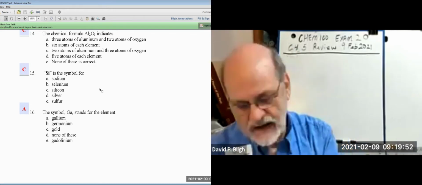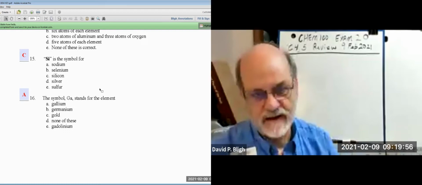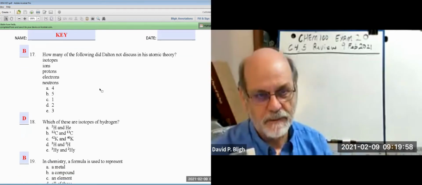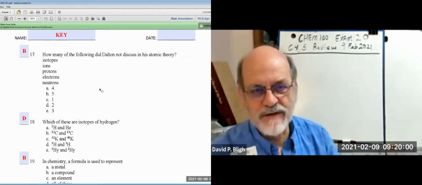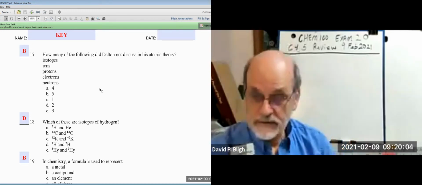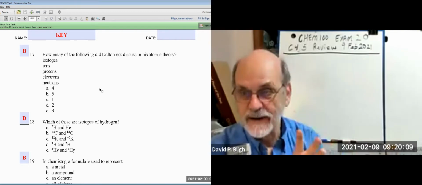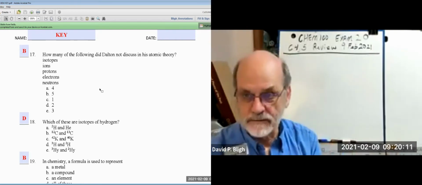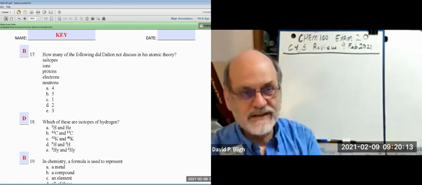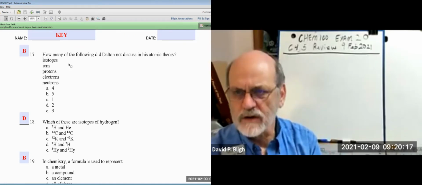Okay, let's see. 17. How many of the following did Dalton not discuss in his atomic theory? So now we have to know what the atomic theory for Dalton says and look for those things that don't fit, right? Did he say anything about isotopes? No, he had no clue what isotope.